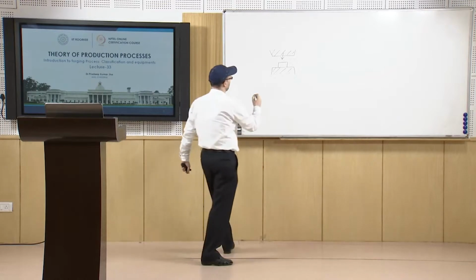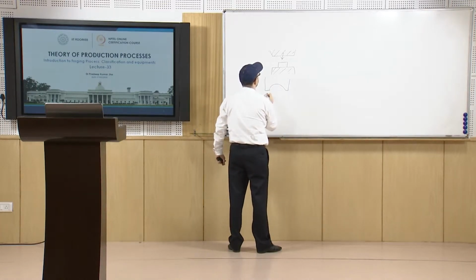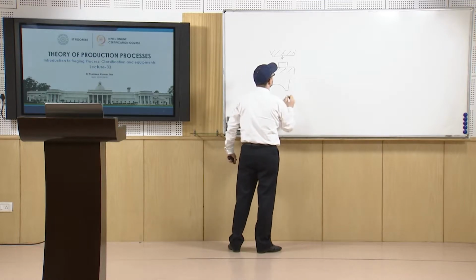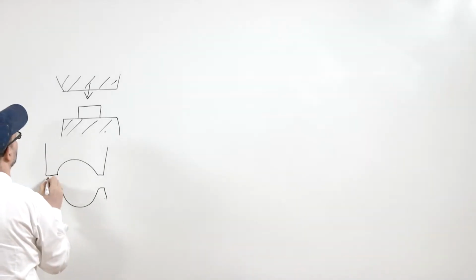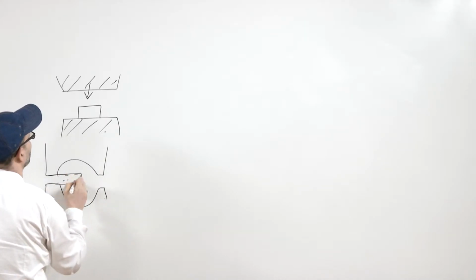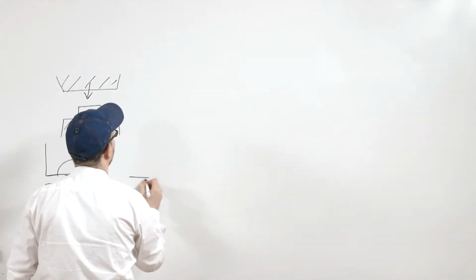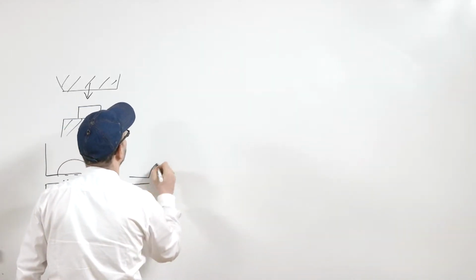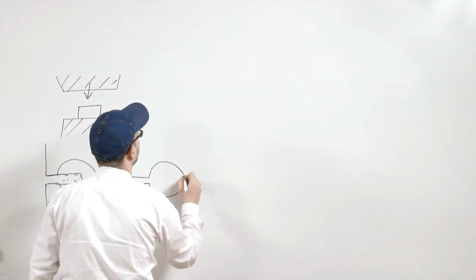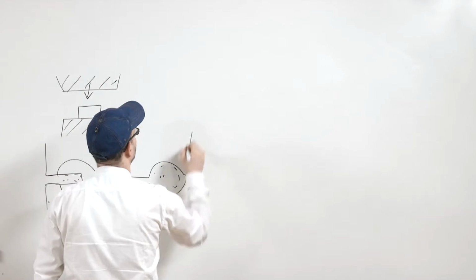Suppose you have the die like this, and you put the material into it. If this is the stock, and when you press them, the material will come and this hole will be formed. This way your material will be shaped and your die will be going like this.